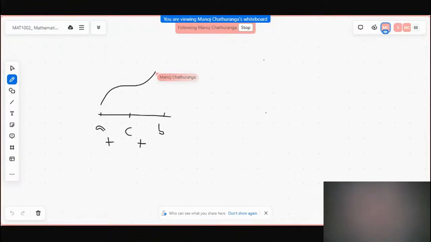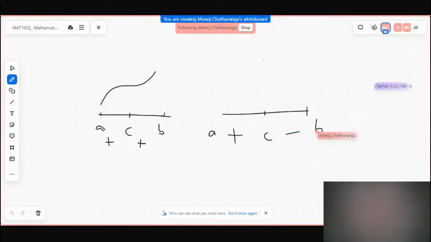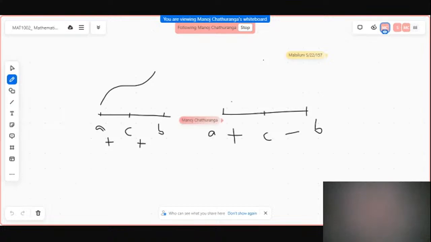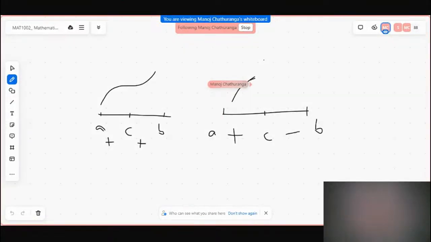Something like this. Then let's say the derivative is plus, minus. If the derivative is positive, the function is increasing. And at C, we have a horizontal tangent line. Then the derivative is negative, which means the function is decreasing.